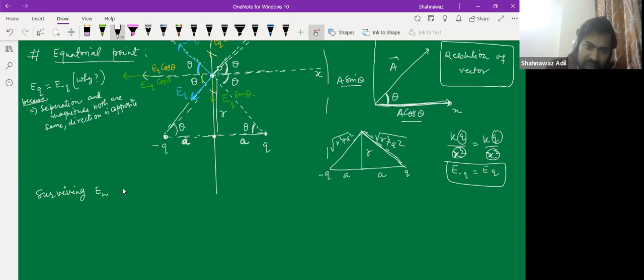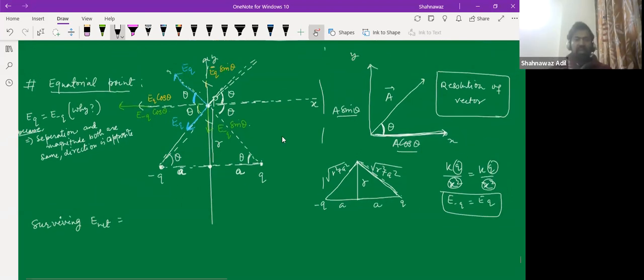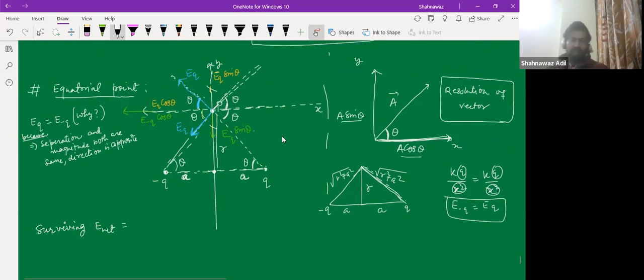What is that? What would be that? Can you guys tell? In the meanwhile, you guys look at the diagrams and tell me what is the electric field which is net and which is not getting cancelled. Look at the diagram.